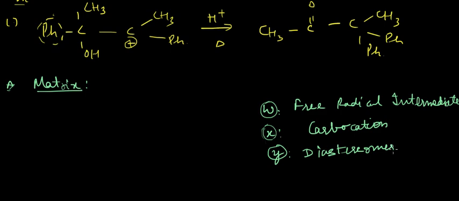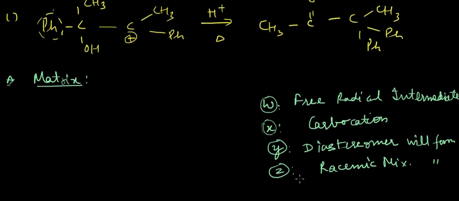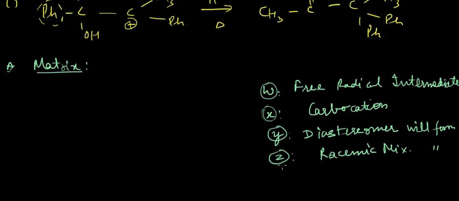So these are all the right column options which you have to match with the left column, which I am just going to write in few minutes. Z is racemic mixture will form, and let's suppose T is rearrangement will take place.